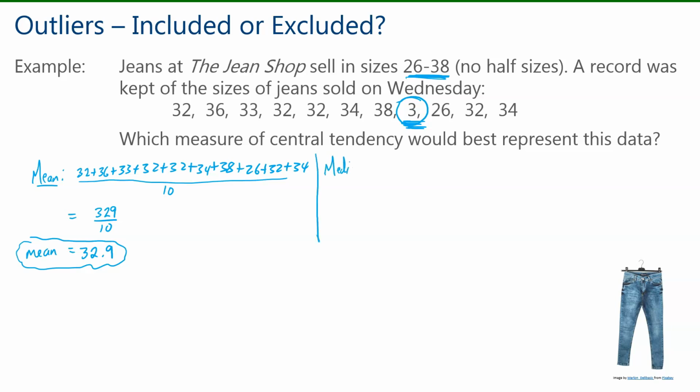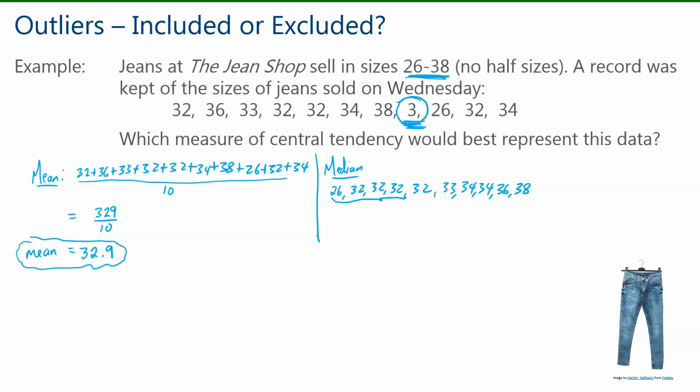Secondly, we have median. Median, of course, we're going to organize from least to greatest. 26, 32, 32, 32, 32. Then we have a 33, a 34, another 34, a 36, and a 38. 10 pieces of data, even number of data. We have the two middle pieces scenario.